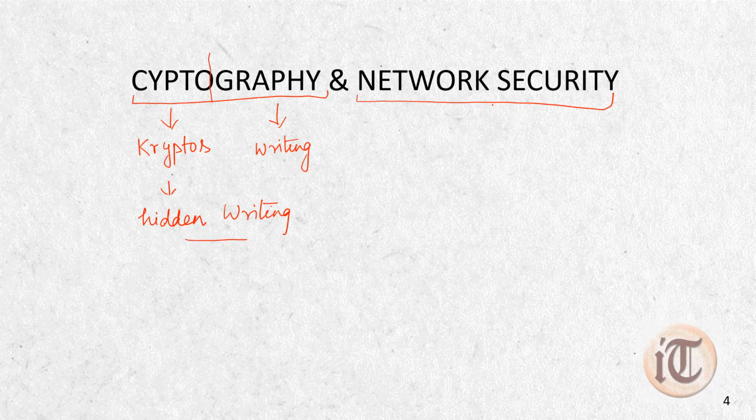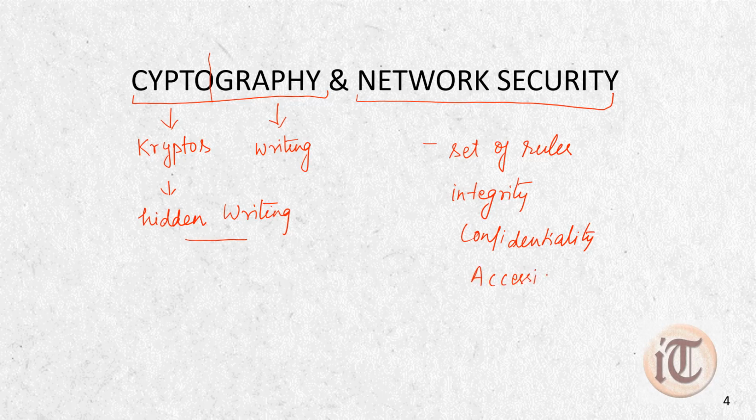And if we talk about what is network security, then it is a set of rules and configuration designed to protect integrity, confidentiality and accessibility of the data. We will discuss all these terms in detail in my upcoming lectures.